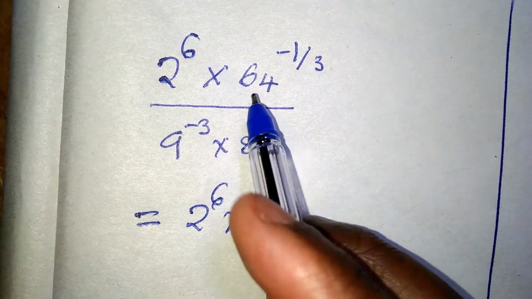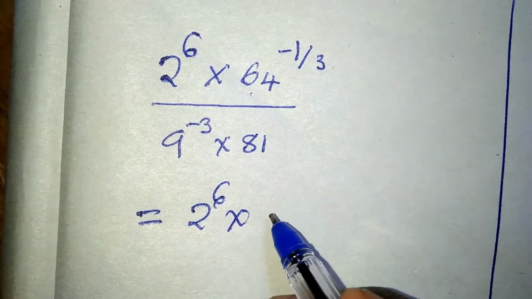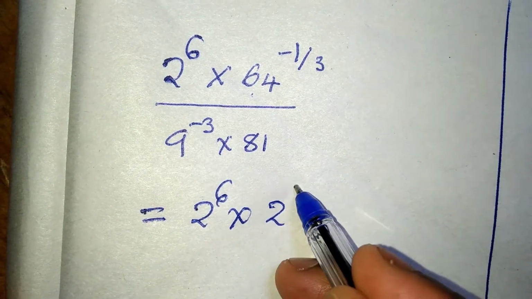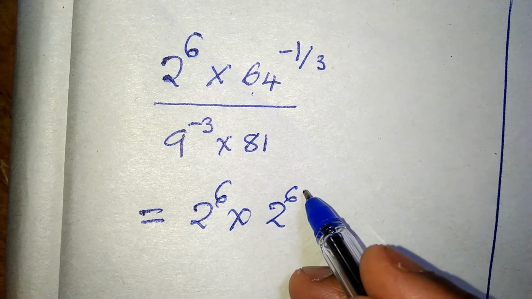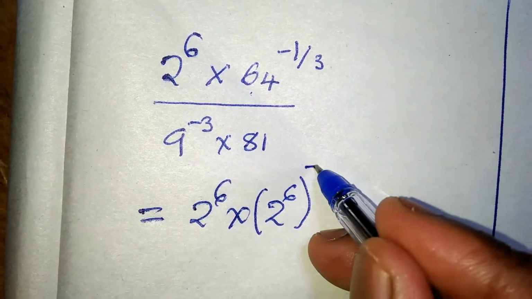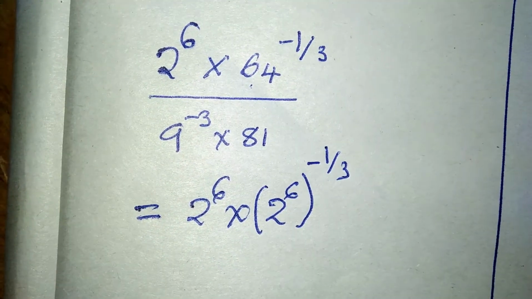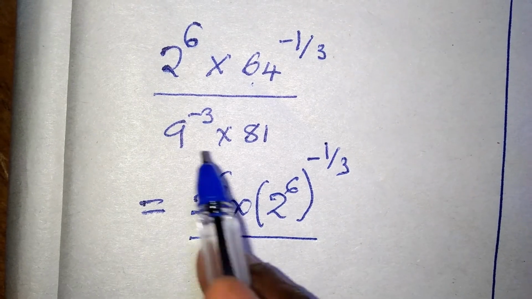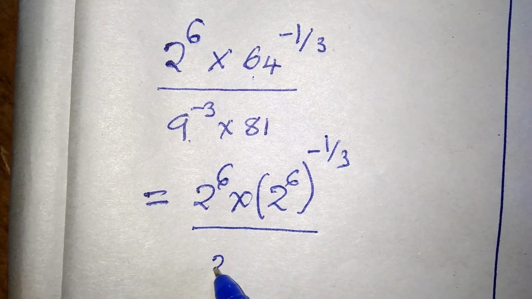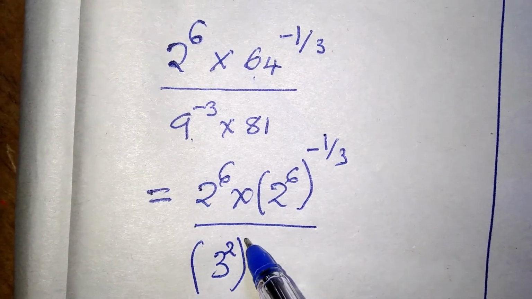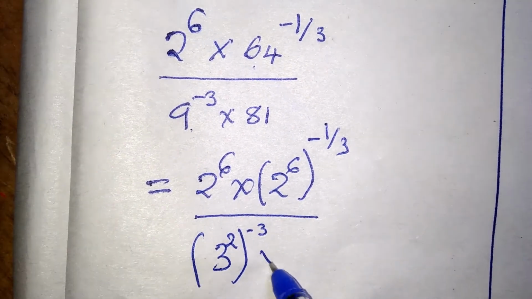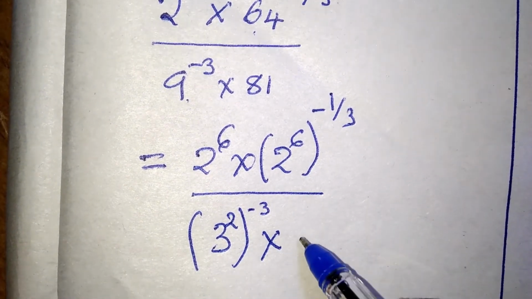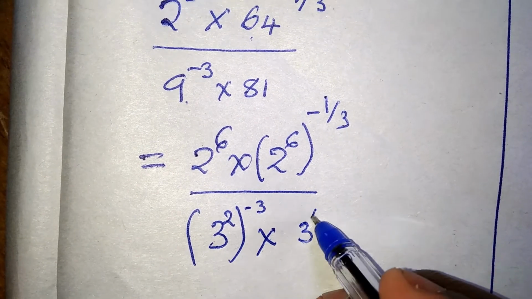We multiply by 64, which can be written as 2 raised to power 6, and then we raise it to negative 1 over 3. And then the denominator, we are going to have 9 can be written as 3 raised to 2, then we raise it to negative 3. Then we multiply by 81, which can be written as 3 raised to power 4.